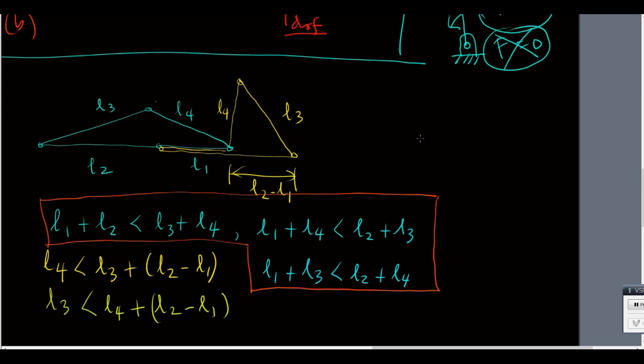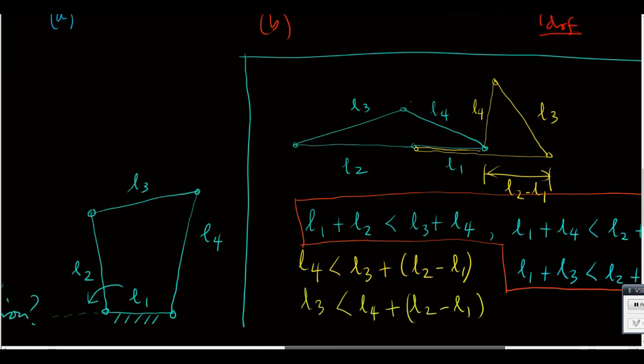So L2 going round and L4 going round, same inequalities. Okay, but how about L3? Suppose I'm interested in whether L3 can go around, then there is a clever thing that we can do. We can look here.